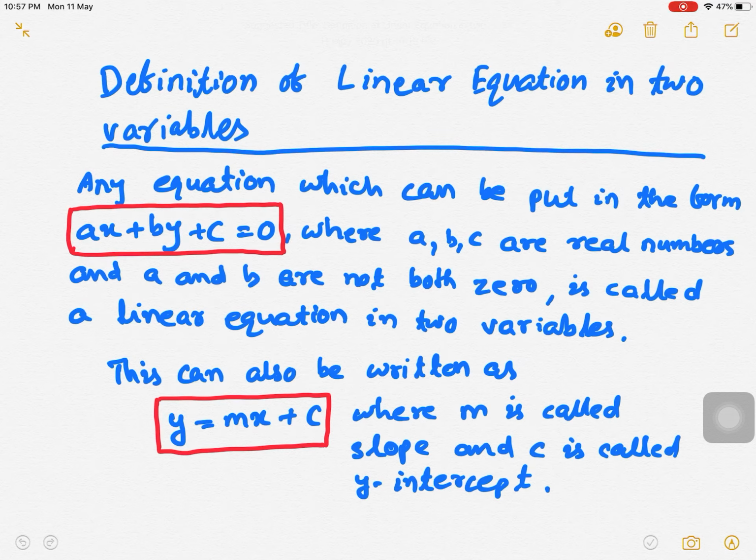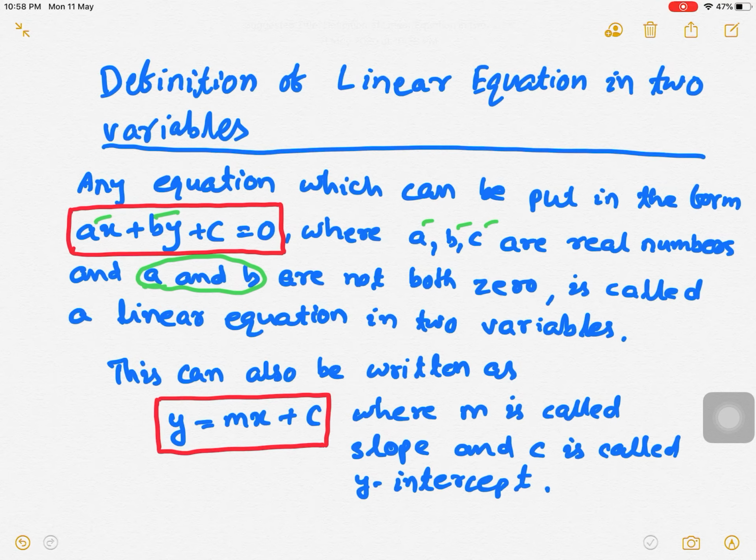Here you have to see that a, b, c are real numbers, and a and b both cannot be 0. If both are 0, this part becomes 0, also this part becomes 0. Then what remains? Only c equal to 0, that is only the constant term remains. So a and b cannot be both 0. So this is a linear equation in two variables.